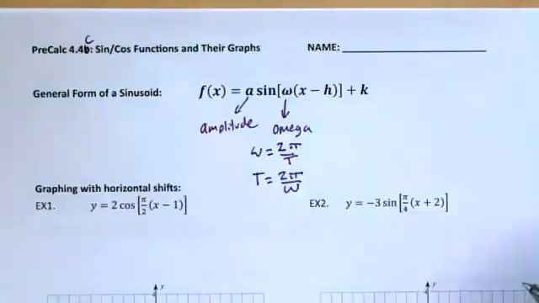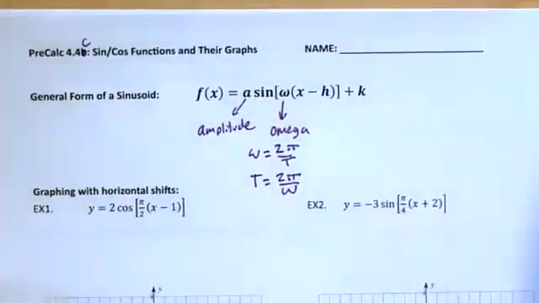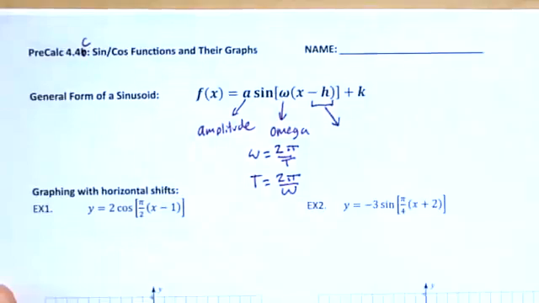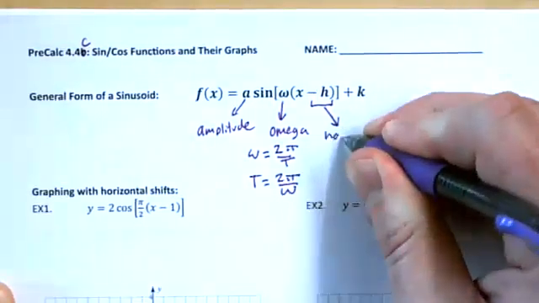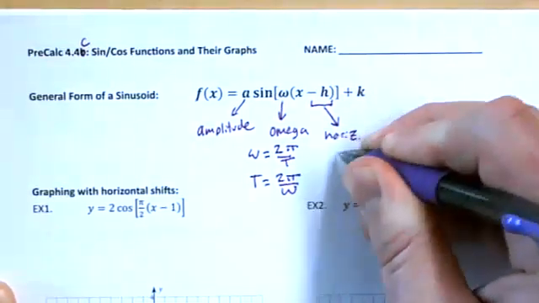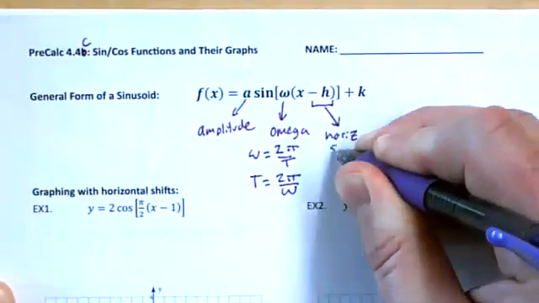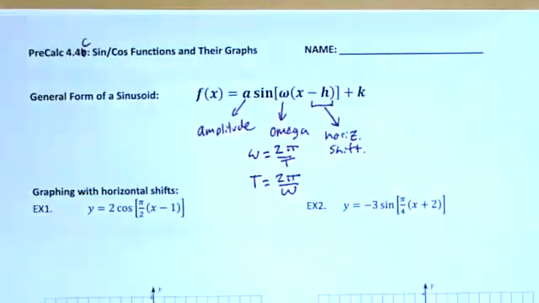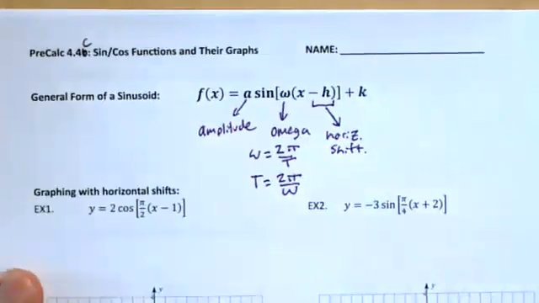Okay. What we're adding in that's new today is just shifts. This plus or minus H here is going to give us our horizontal shift. You did. I wasn't here for it. I guess what I'm saying is what I'm adding in today that's new is the horizontal shift. And it's just like when we were doing transformations.